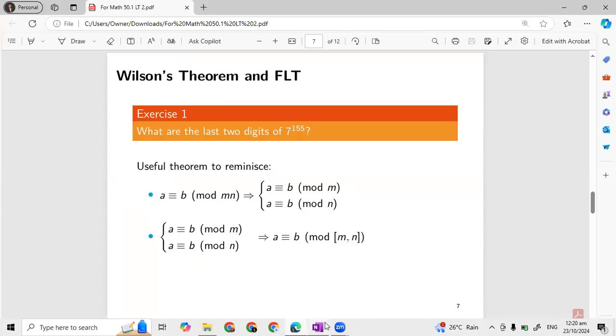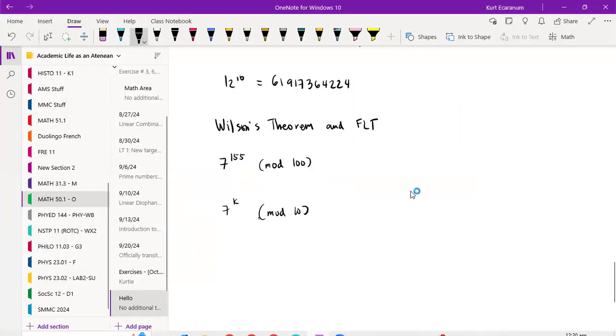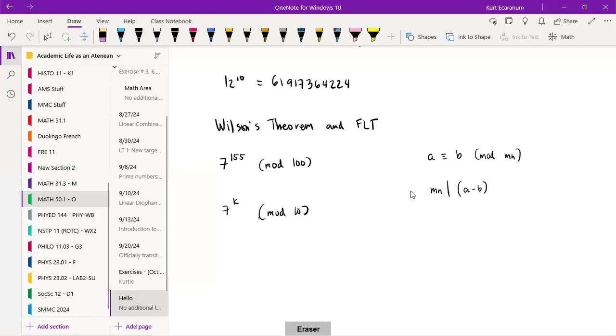Bakit? Sige. Hapyawan ko lang. So, A congruent to B modulo mn implies mn is divisible by A minus B. So, mn is composite. Okay?